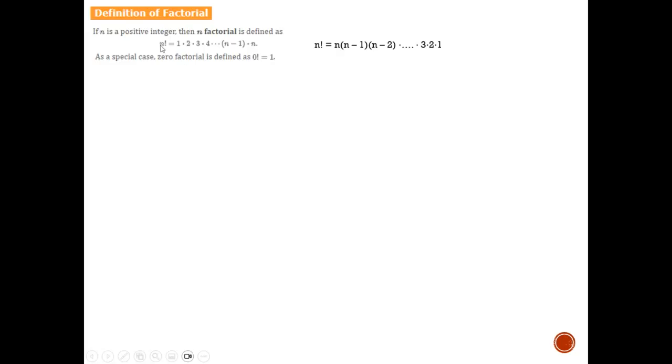So let's say n is 7, and you have 7 with an exclamation mark next to it, 7 factorial. That means you're going to multiply numbers starting at 1 times 2 times 3 times 4 all the way up to 7, okay? So whatever n is, it's going to take 1 times 2 times 3 times 4 times all the way up to what that number n is. n minus 1 would be that number previous, right?